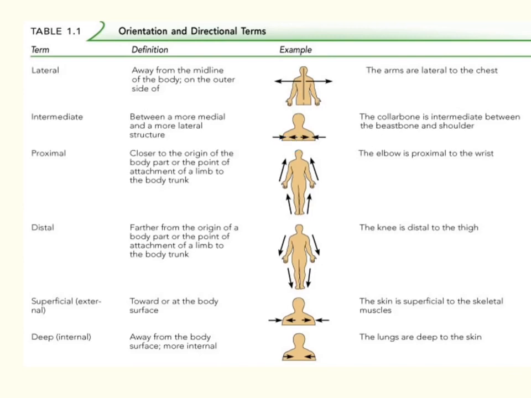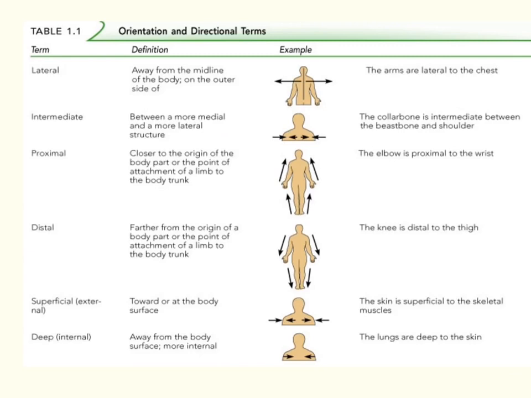Proximal and distal are the two that are the most difficult for students to understand. And I'm going to explain these here, and then I'm going to go back over proximal and distal on a slide a little bit later on. Proximal means closest to the point of attachment, and in the human body, the point of attachment is the trunk.